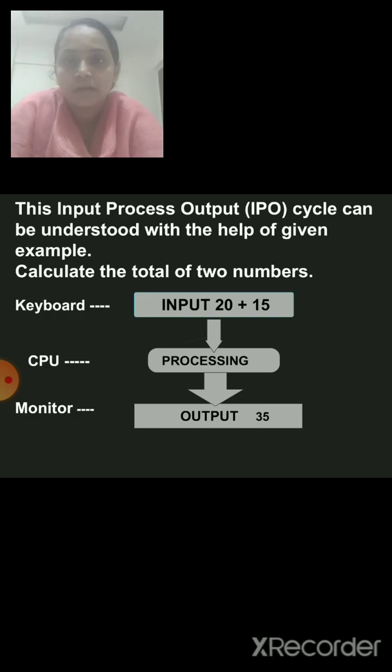Then it goes to the CPU, and the CPU starts processing it and gives us the final result, that is the output, on the monitor. On the monitor we will get the answer, 35. 20 plus 15 is 35. That is our final output. Understood IPO, that is input, process, output.